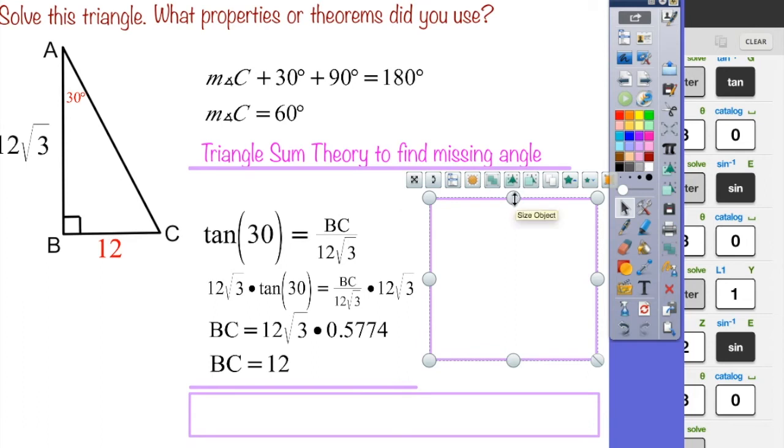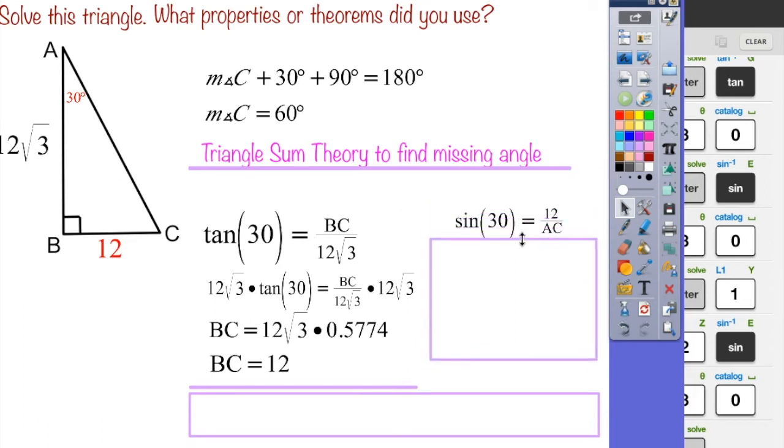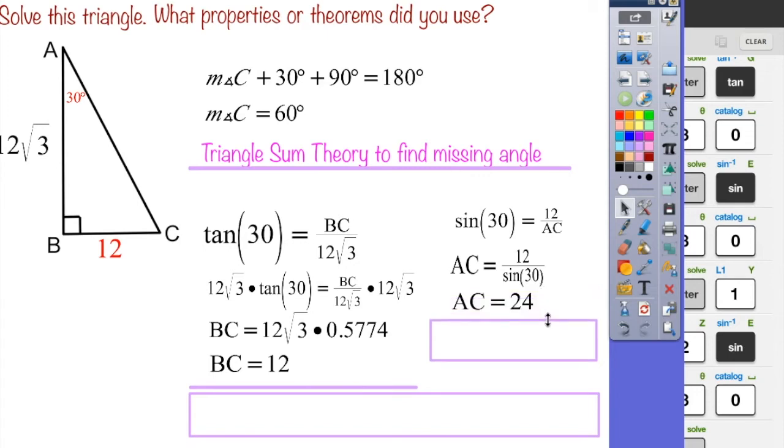So I'm going to use SOH. So the sine of 30 degrees is equal to 12 over AC. I'm going to cross multiply and then divide so that AC is equal to 12 over the sine of 30 degrees. And that means that AC is equal to 24.